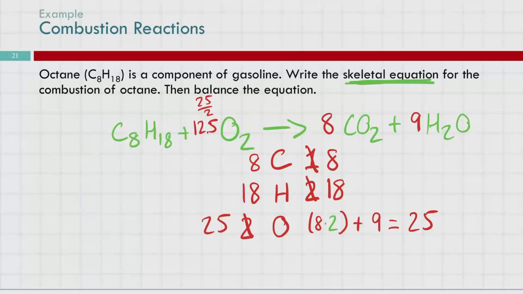What do we do to get rid of the fraction? We multiply. What do we multiply by? 2. Multiply by 2. So we're going to go through and multiply everything by 2.